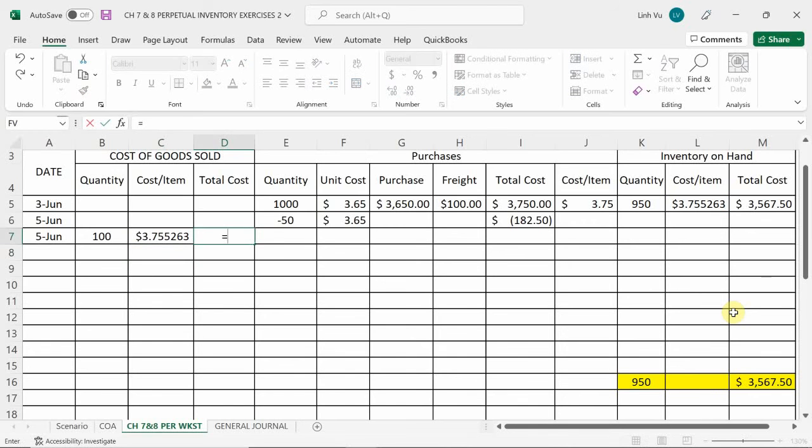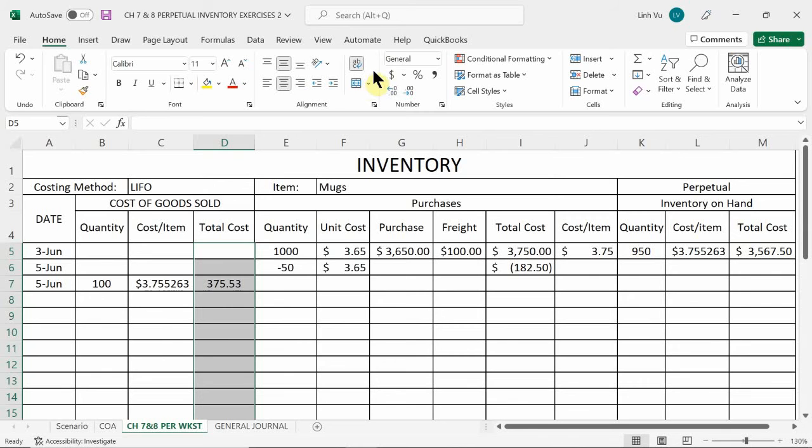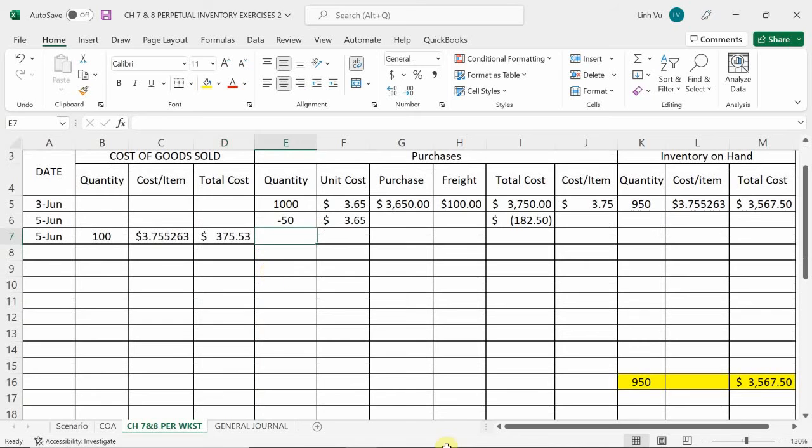So that should give you a grand total of $375.53. Okay. So there, if you want to do your calculations here, it's up to you, but I can just go ahead and subtract that.